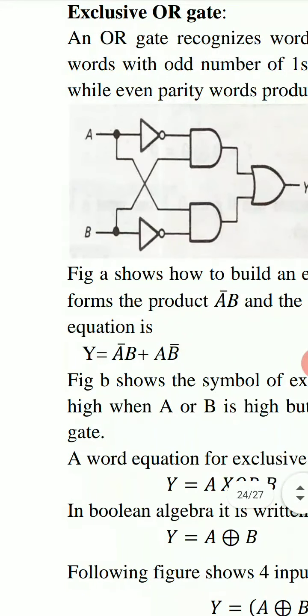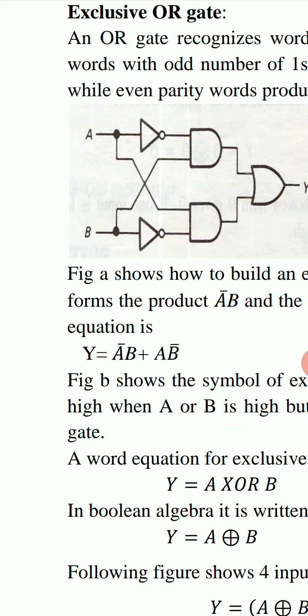A and B are two inputs. A is connected to a NOT gate which produces A bar, and this A input also goes to the lower AND gate. Similarly, B is also connected to a NOT gate which produces B bar, and B is connected to the upper AND gate.